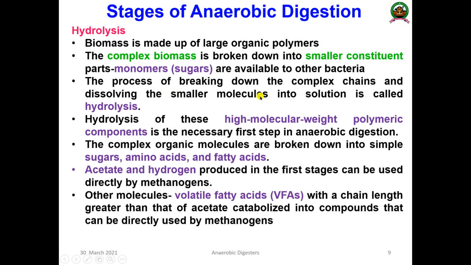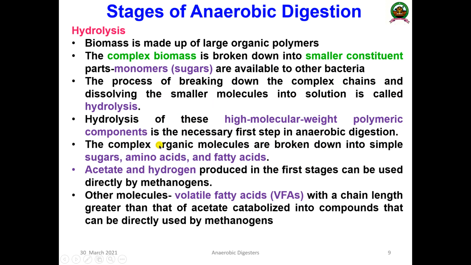The process of breaking down the complex material into smaller molecules in solution is known as hydrolysis. The enzymes that act in this step are known as hydrolytic enzymes. So this hydrolysis of high molecular weight polymeric components is the first step in anaerobic digestion.